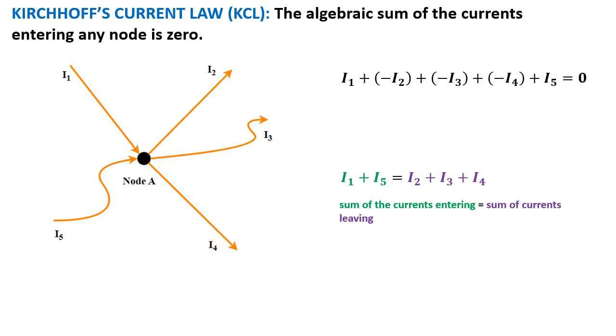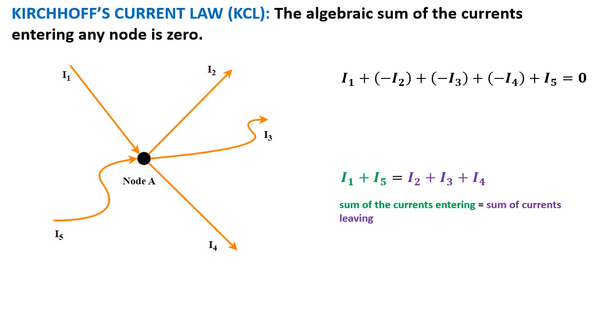So we can notice that for KCL, the sum of currents entering is equal to the sum of currents leaving. This is how most electrical engineering people remember KCL.